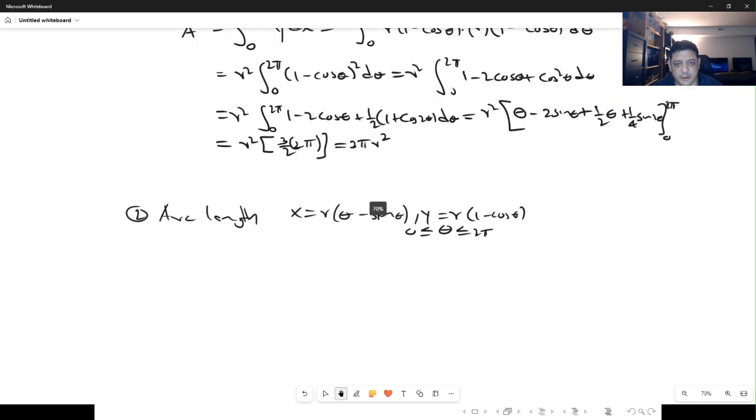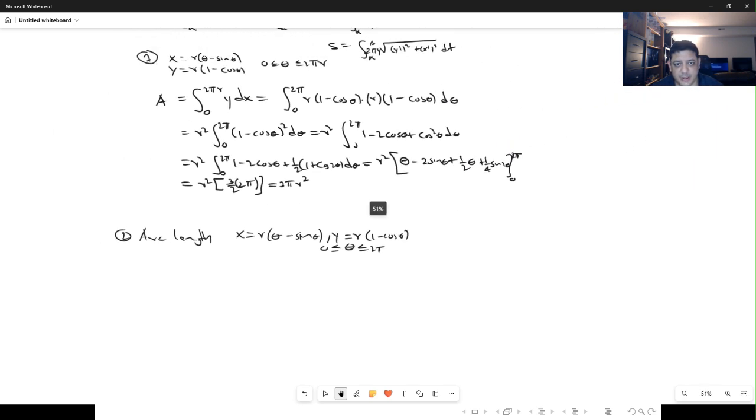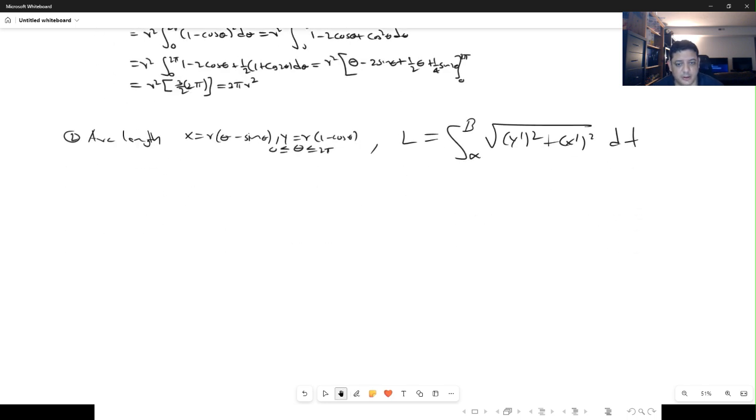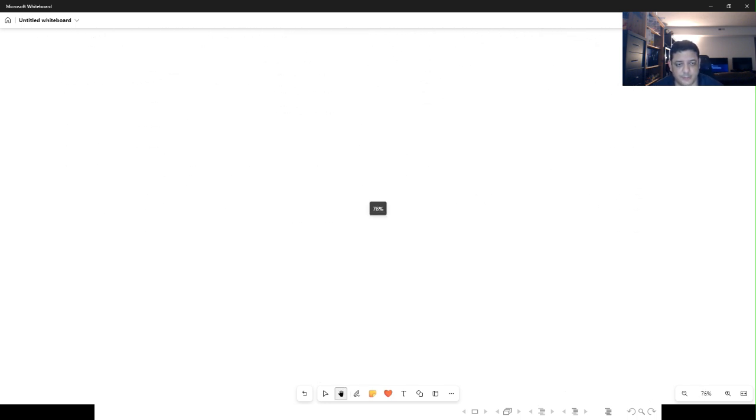So now again, our parameter is theta, and we're going to be using the formula for arc length, which is going to be in terms of the interval that we're going, and we have the derivatives for each of the parts of the curve. So moving on to this piece.